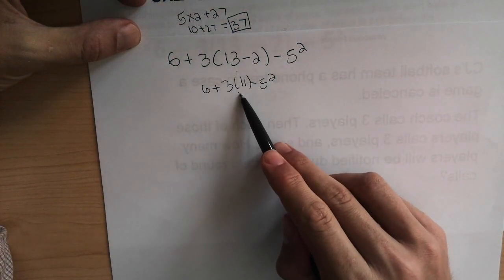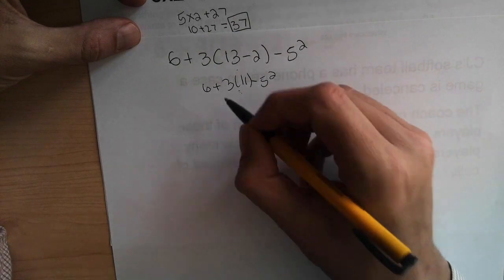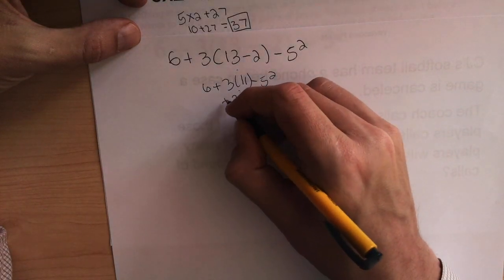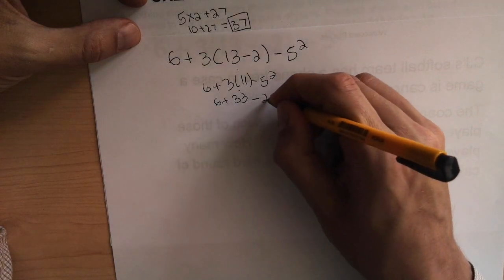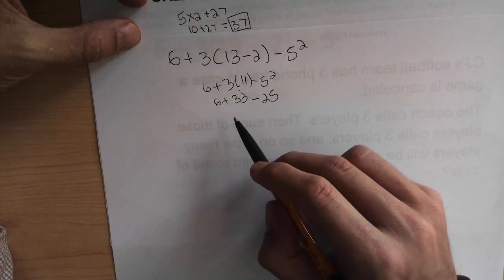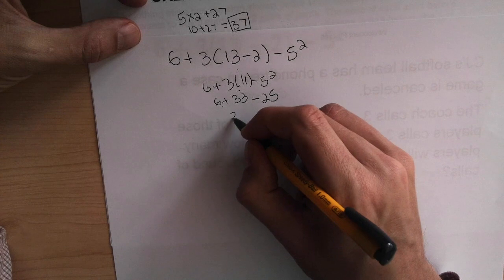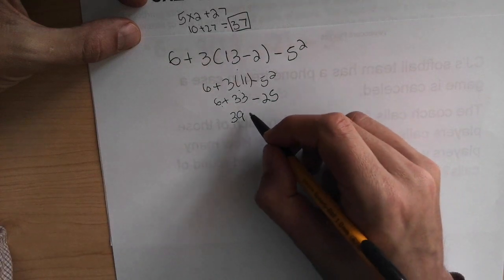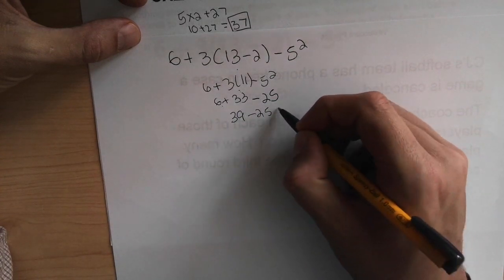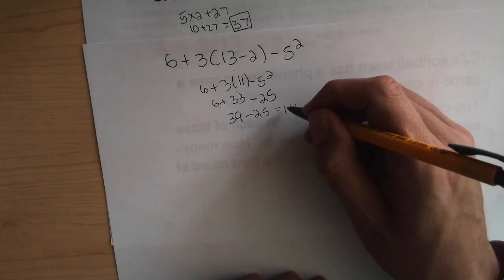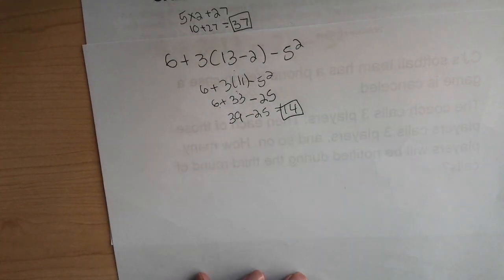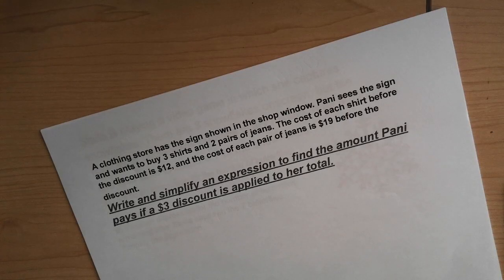Next, we'll continue to do parentheses. 3 times 11 is 33. 5 squared is 25, and we'll keep the minus. 6 plus 33 is 39, and 39 minus 25 is equal to 14. So simplifying, the expression equals 14.